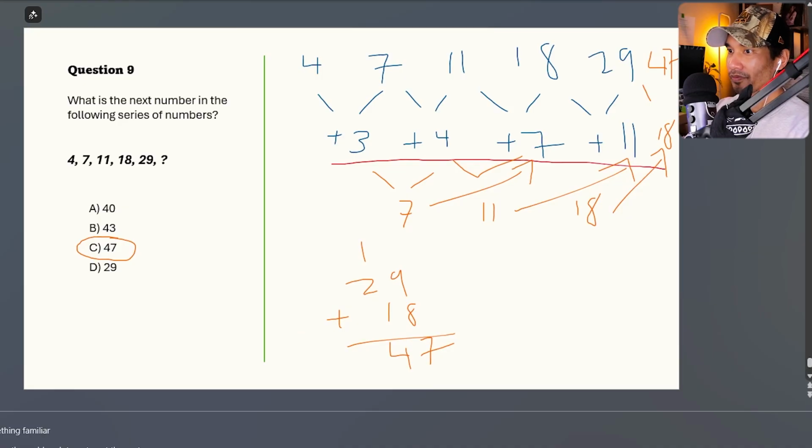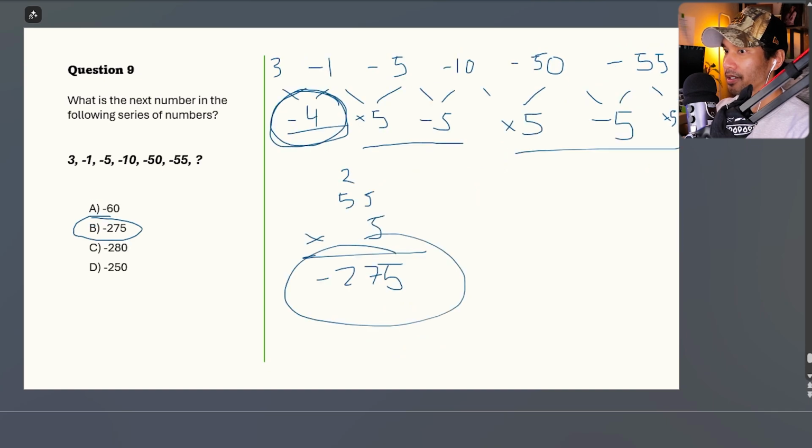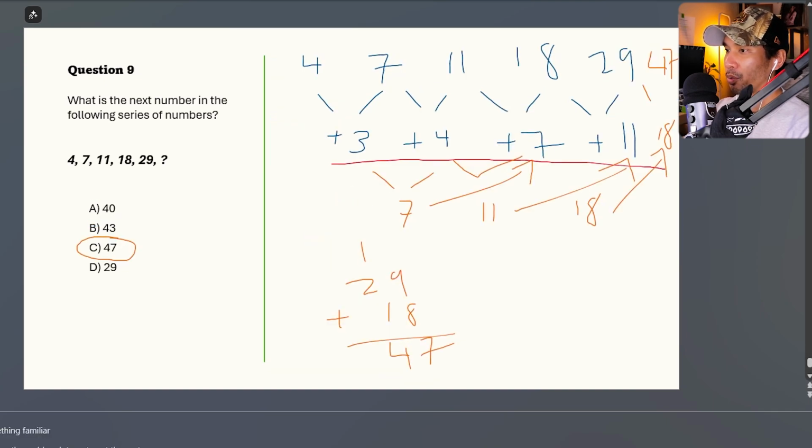So there you go. I believe I practiced every type of way to solve these number series with a few curveballs. The only difference between what I'm doing and what you will experience is you will be timed and you will be stressed because of the time. Okay?